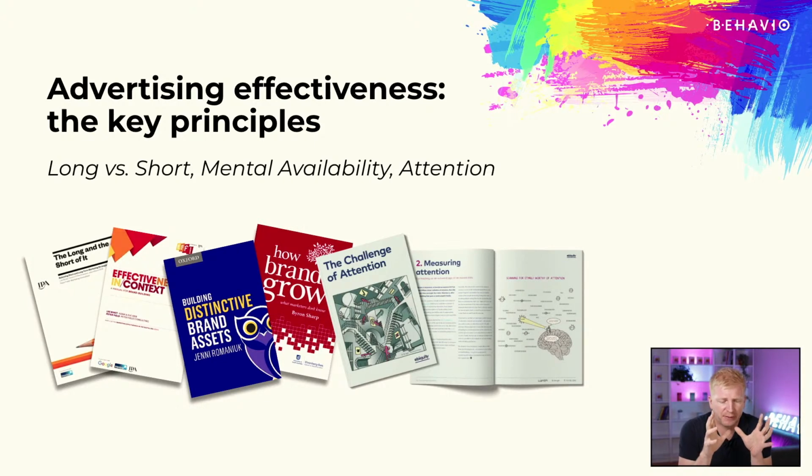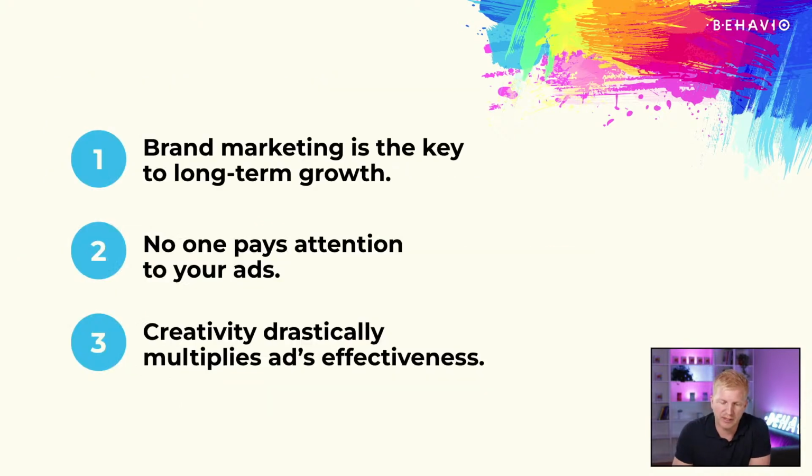Les Binet and Peter Field, the authors of The Long and the Short of It. Then Byron Sharp and Jenny Romaniuk with the How Brands Grow books. And then there is the research about attention, which is Lumen Research and Karen Nelson-Field. These 3 resources of inspiration in marketing science are really important.